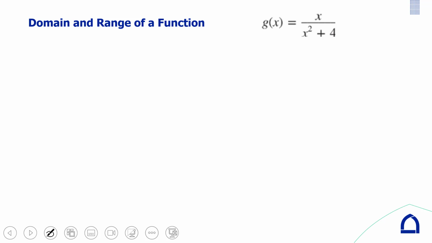You have another rational function, but remember x squared is always greater than or equal to 0. So if you add 4 to this one, you guarantee this is greater than 0, right? So you have no problem with x squared plus 4.